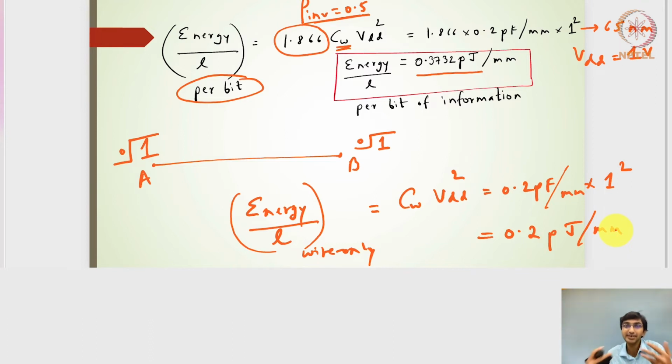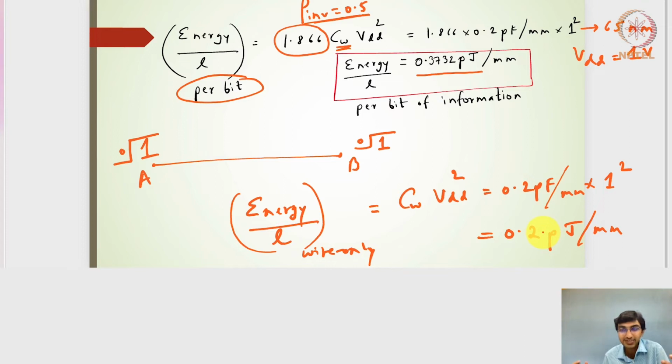But with adding the repeaters, with an optimized number of repeaters and an optimized width of the repeaters so that we get the minimum delay, the energy consumed is actually more than 0.2. It is 86% more. Here it is 0.37, there it is actually 0.2.